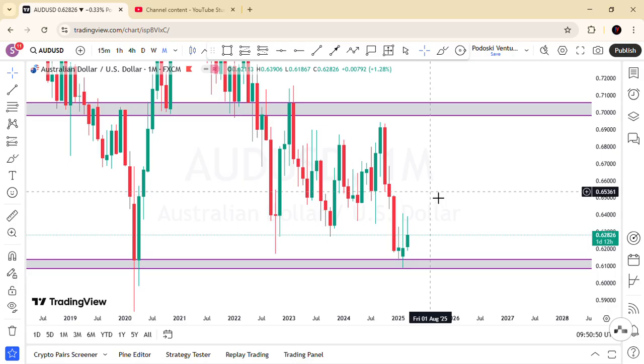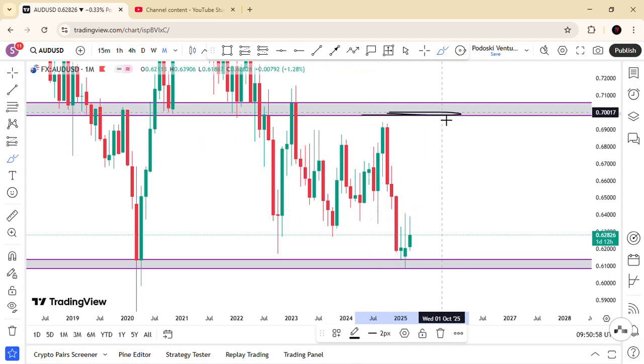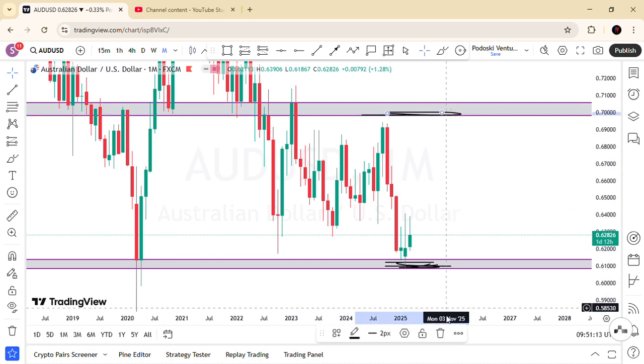AUDUSD, starting from the monthly time frame. On the monthly time frame, I have my monthly upper zone and my monthly lower zone here. So AUDUSD, what is price currently doing?